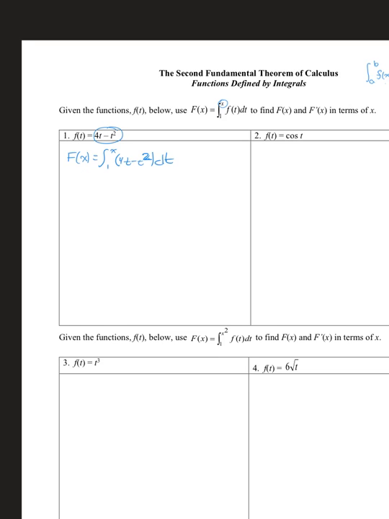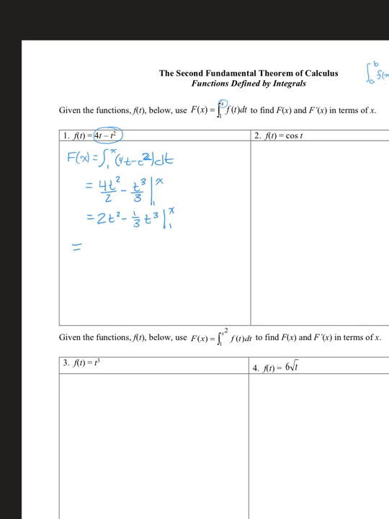So if we use the first fundamental theorem of calculus to find this antiderivative, the antiderivative of 4t is 4t squared divided by 2 minus t cubed divided by 3, evaluated from 1 to x. So that turns into 2t squared minus 1/3 t cubed, evaluated from 1 to x.